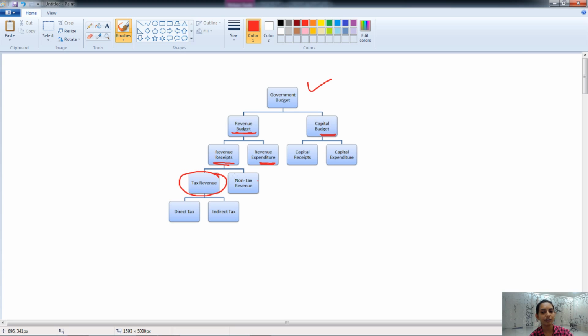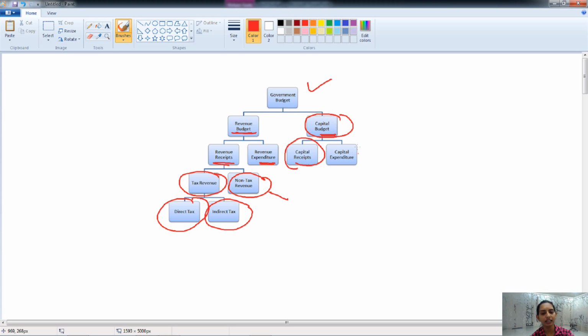Revenue receipt is classified into two types, tax revenue and non-tax revenue. Tax revenue has direct taxes and indirect taxes income. Non-tax revenue includes fees, fines and penalties, profits of public enterprises, special assessment duties, etc., gifts and grants, etc.